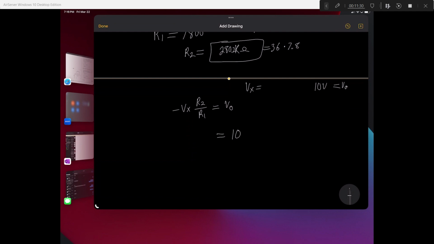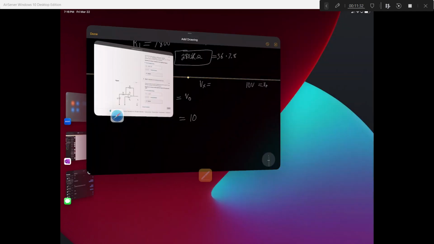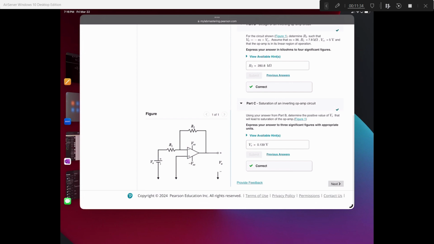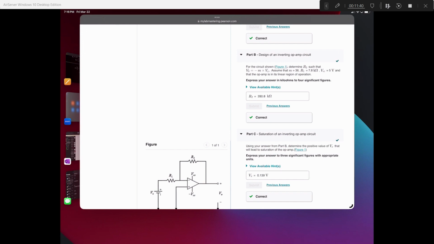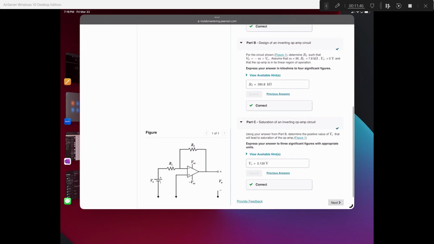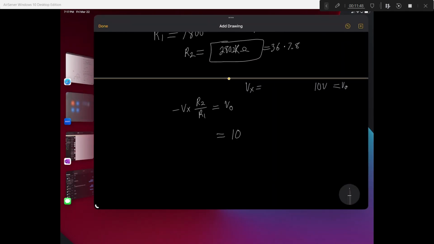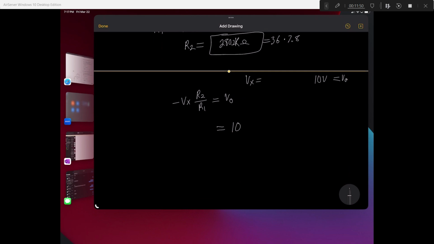And what are our R2 and R1 going to be? Using your answer from part B, we're going to use our previous 280.8 for R2 and 7800 from part B. So we're going to pull our numbers from part B. We're going to have these in kiloohms.